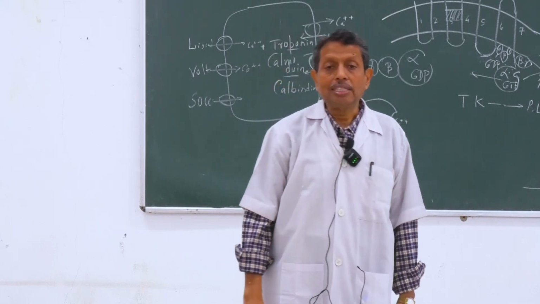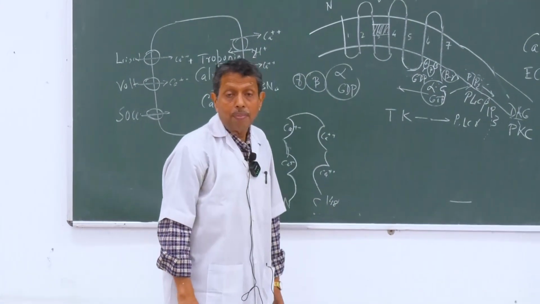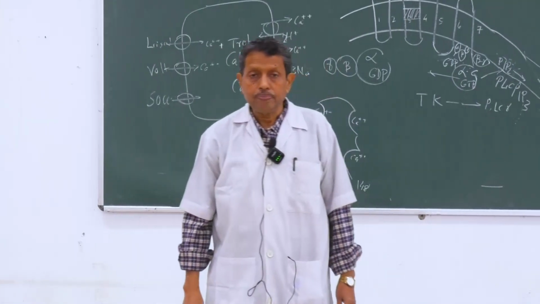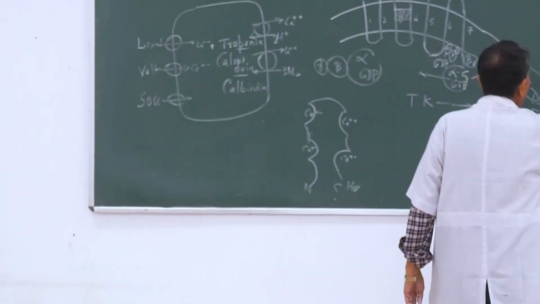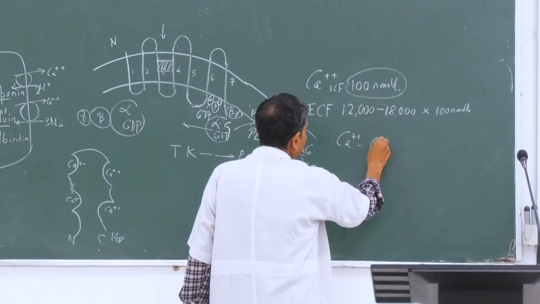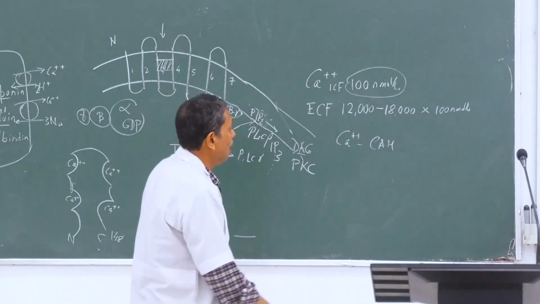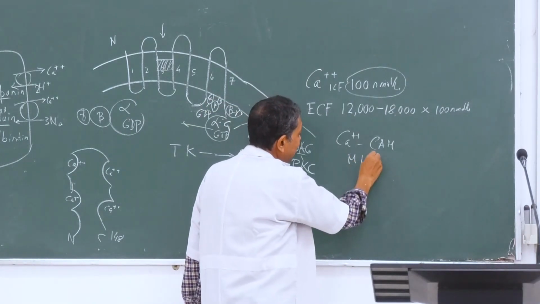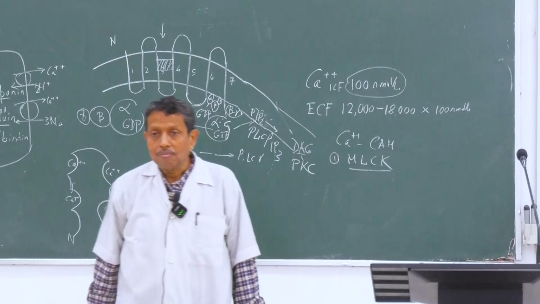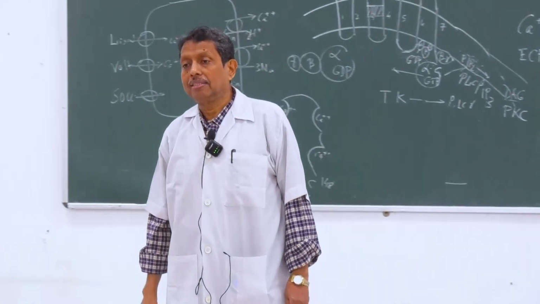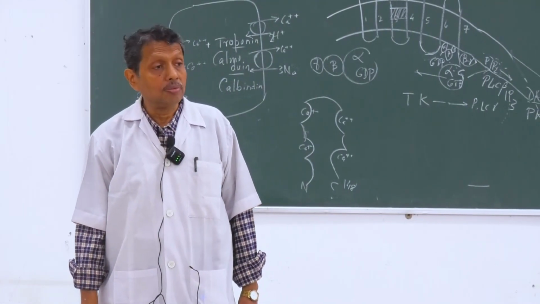And when this calmodulin binds with calcium, then it becomes activated, and they have different types of kinase activity. For example, the calcium calmodulin complex activates myosin light chain kinase. One important. Myosin light chain kinase is important in case of smooth muscle contraction.